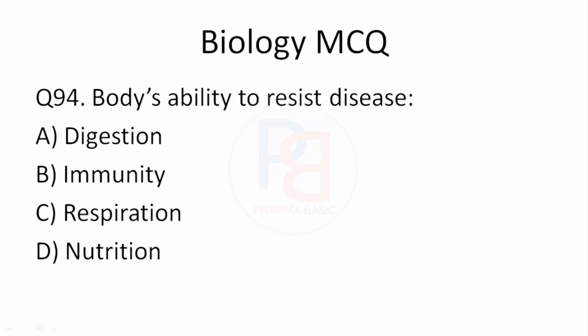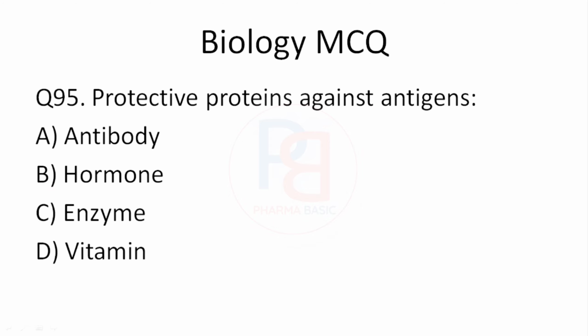Option B. Body's ability to resist disease is called immunity. Option B. Protective proteins against antigens are antibodies. Option A.